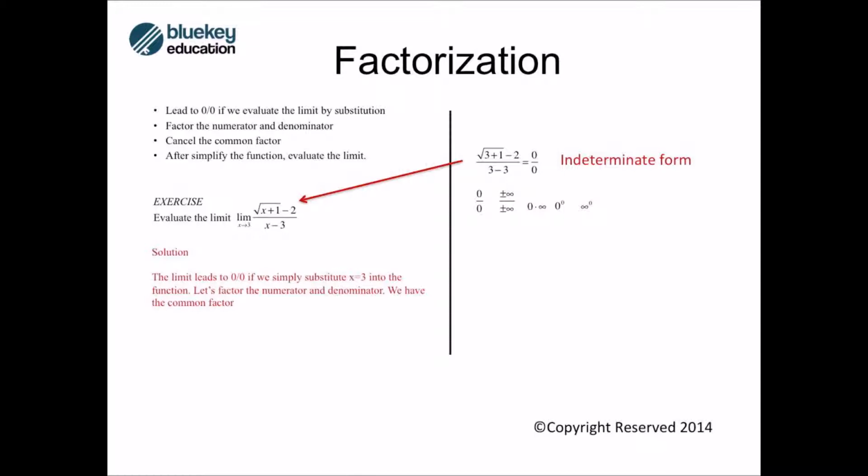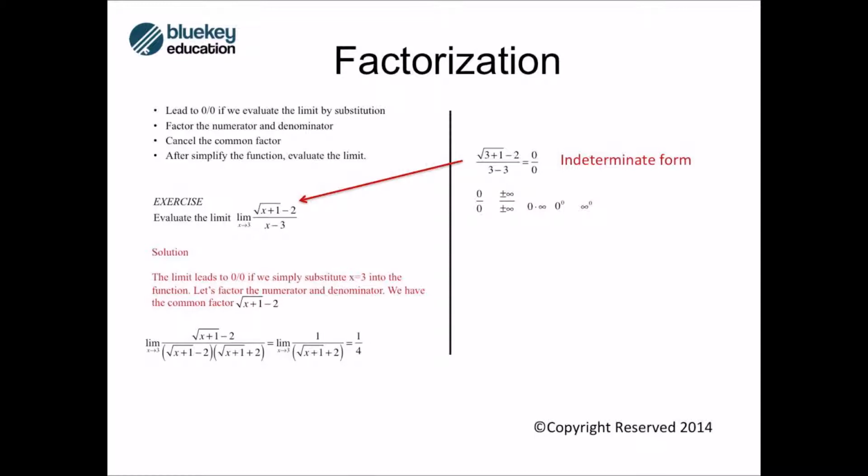Then in this question, there is a common factor between the numerator and denominator. Let's look at the numerator. The highest power is 1/2, square root of x plus 1. And the highest power in the denominator is 1, a polynomial function. So it's possible we can factor the denominator by using square root of (x plus 1) minus 2.